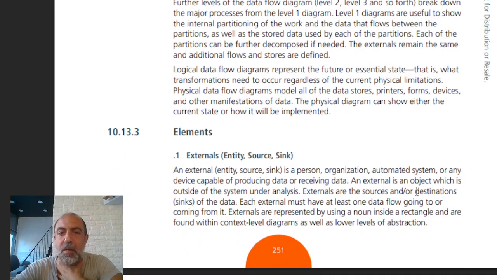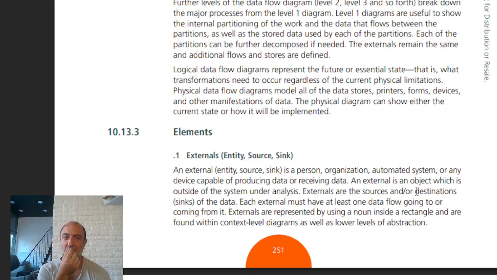Logical data flow diagrams basically represent the future of essential state. That is, what transformations need to occur regardless of the current physical limitations. Physical data flow diagrams model all the data stores, printers, forms, devices, and other manifestations of data. It has to, right?